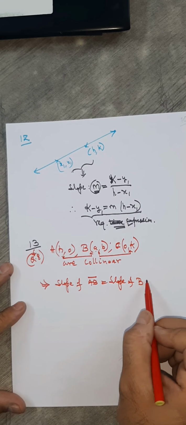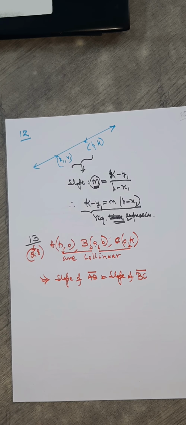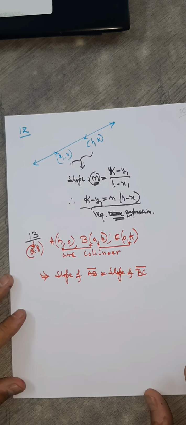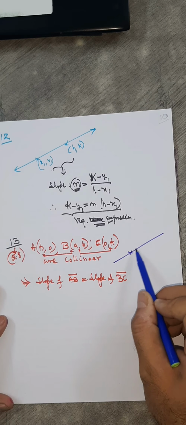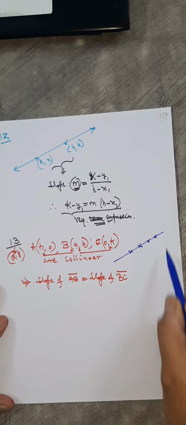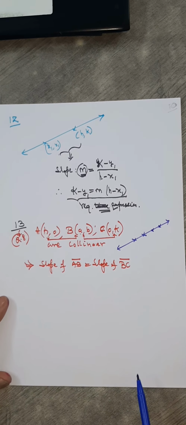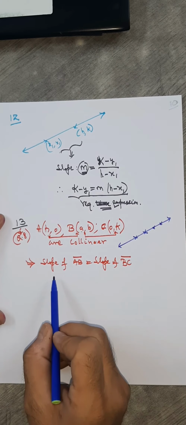I already mentioned earlier that if points are on the same line, then by taking any 2 points, the slope remains the same. The concept of slope has to do with the angle, not with the points. So if I select any 2 points from the line, the slope will be the same. Selection of points on the line is not important to get the slope. So we have chosen AB and BC because they are collinear.